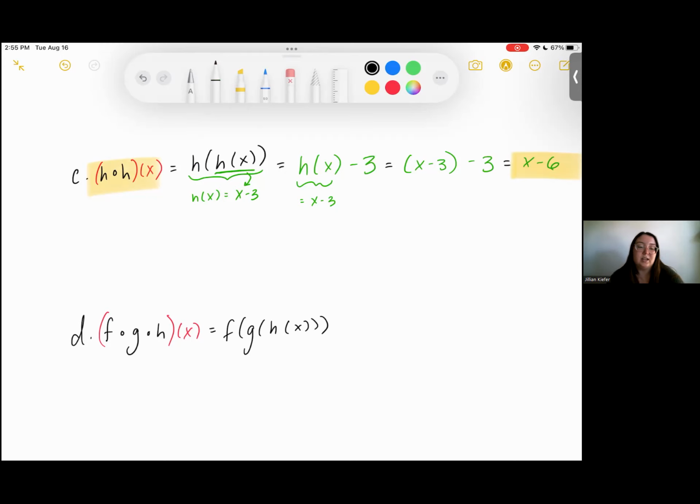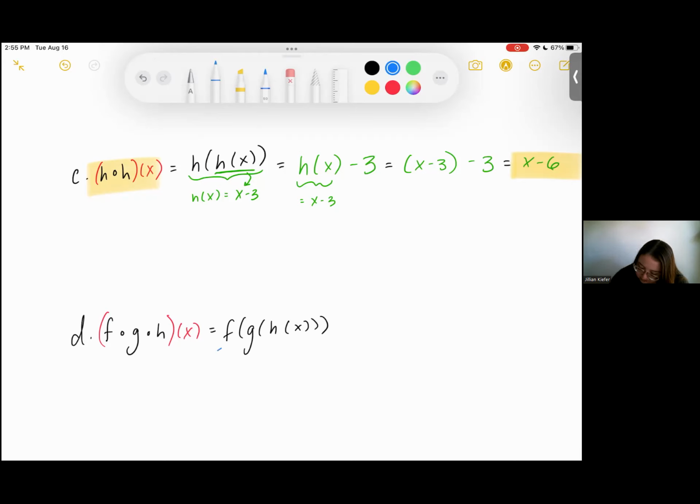So when it starts getting a little bit bigger, this is where it's better to try and do that outward in instead of from the inside out, in my opinion. It's just a little bit easier that way. So here we go, starting with the outermost function. Outermost function in this case is f.